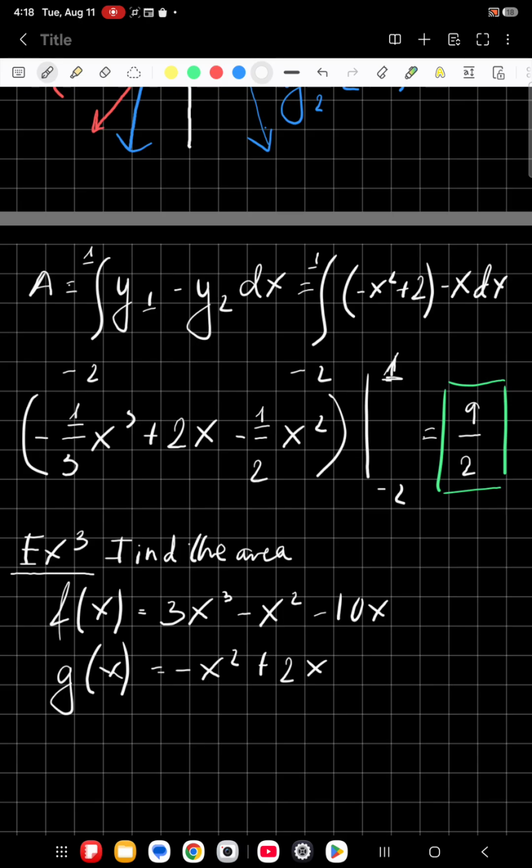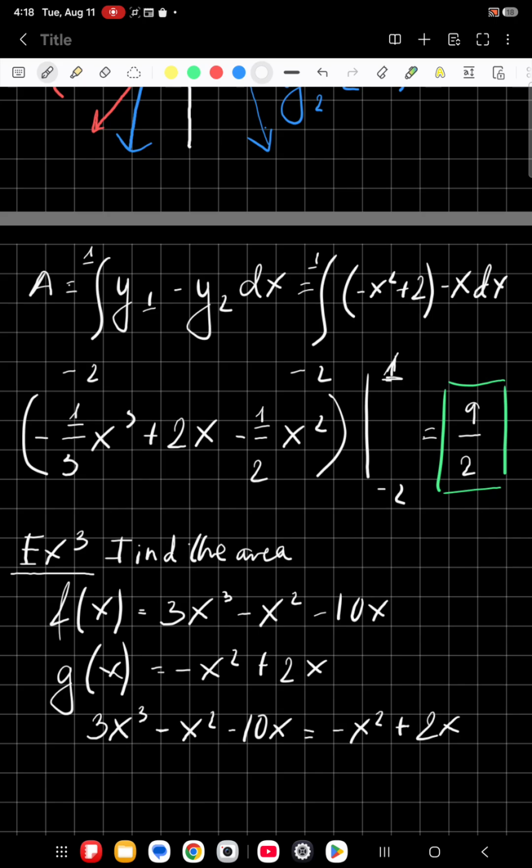Anyway, I hope you solved that problem, and let me show you what I have. So the first step, I'm trying to find the points of intersection. So I'm taking this first function, and it's the same concept, just making the y's equal: 3x cubed minus x squared minus 10x equals negative x squared plus 2x.